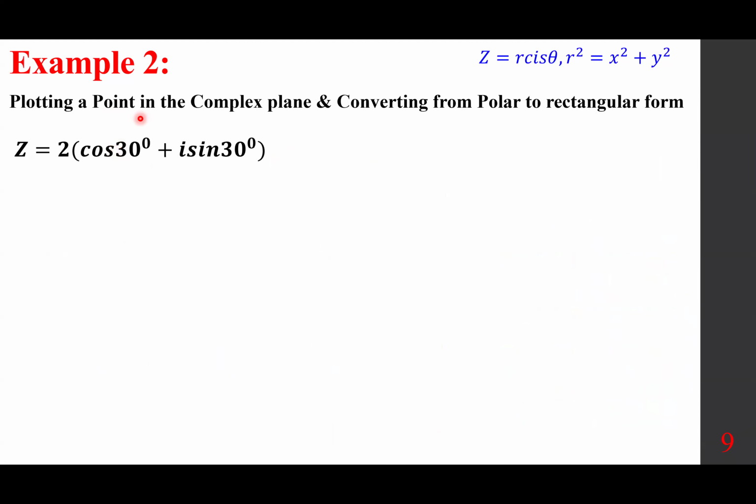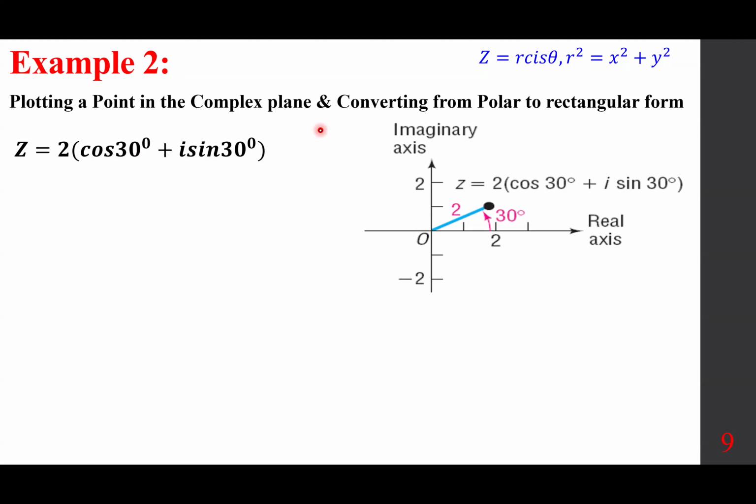So we're going to plot the point and convert it. z is 2 cosine of 30 degrees plus i sine of 30 degrees. So in essence, you make up the 30-degree angle and you go 2 tick marks. That's the idea.